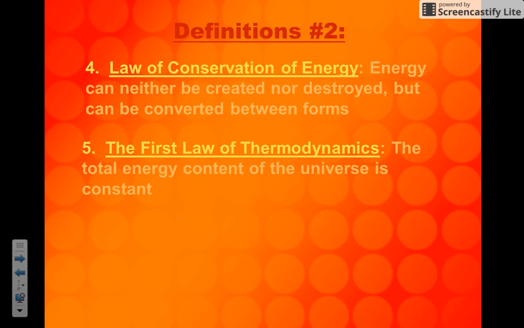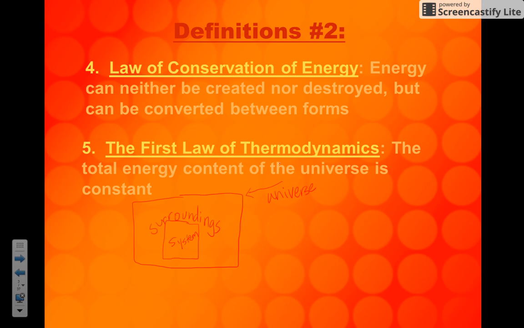So the system is whatever it is you're studying, whether it's a cube of ice or a reaction taking place in a beaker, and then you have the surroundings around it. Now the system plus the surroundings is what we define as the universe.